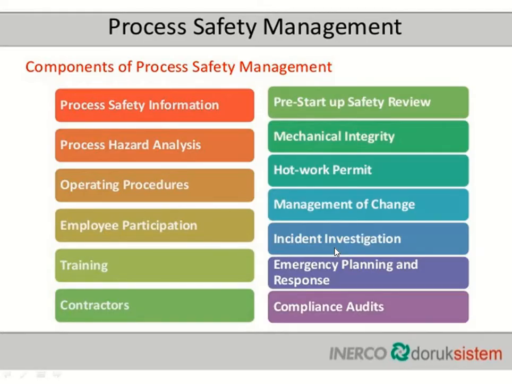So these are the components of process safety management. We have already seen these components, but the list is: process safety information, process hazard analysis, operating procedures, employee participation, training, contractors, pre-startup safety review, mechanical integrity, hot work permit, management of change, incident investigation, emergency planning and response, and compliance audit.